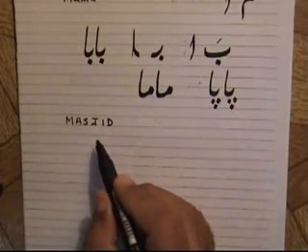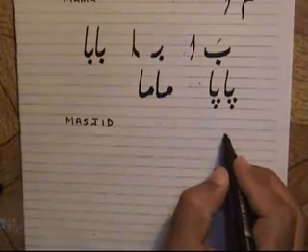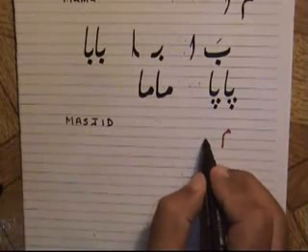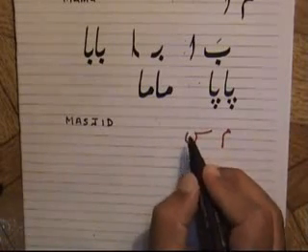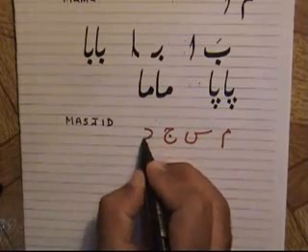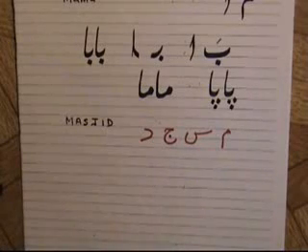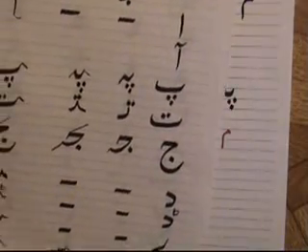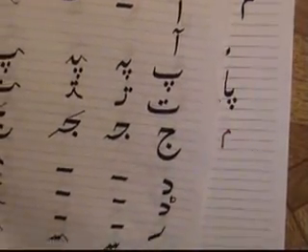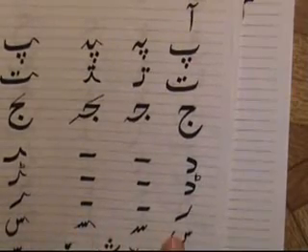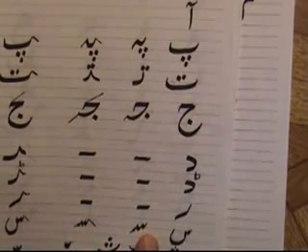So the main letters that we may need are meme, then seen, then jeem, and then dal. Masjid. Now if you see, seen is a connector, so we can join seen with any letter before and after.